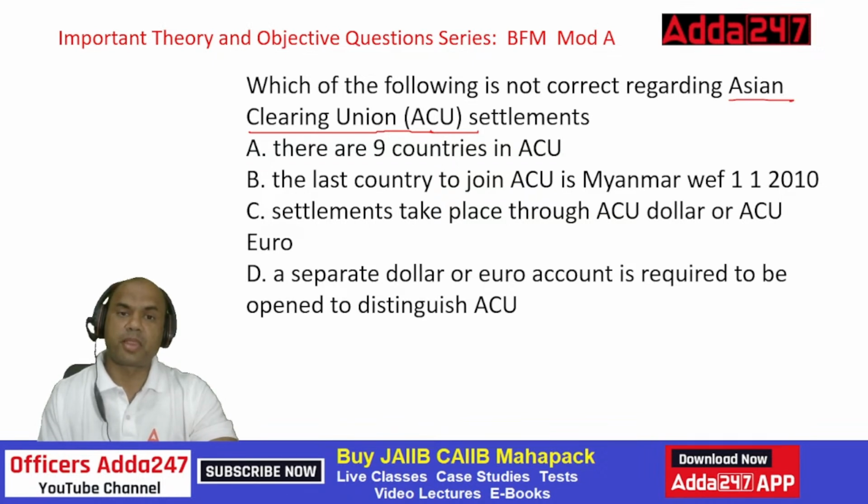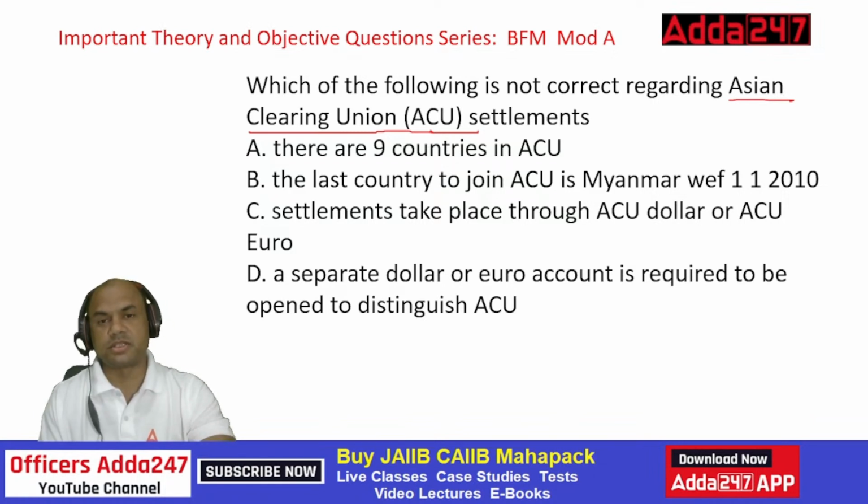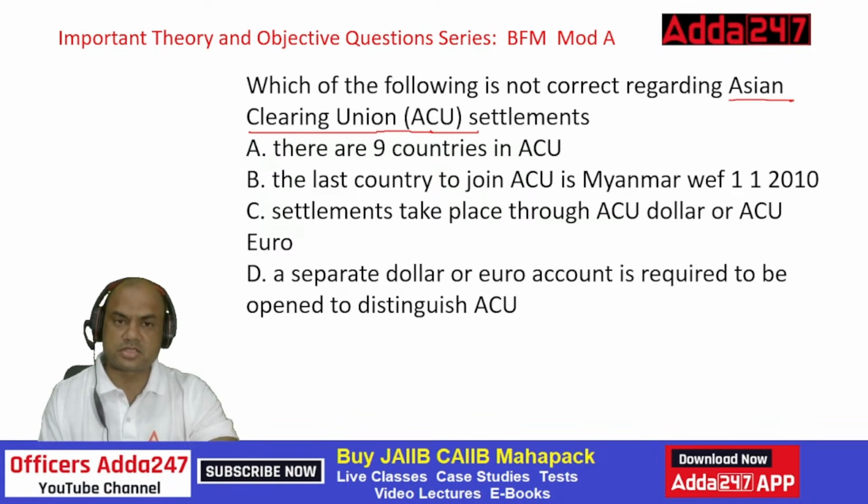Burma, I mean Myanmar, the same. Then Iran, China, all these countries have come together for ACU settlements. ACU settlement means they do the transactions within themselves, and the net of the exchanges is reported to the US, so that every transaction is not reported to the US.